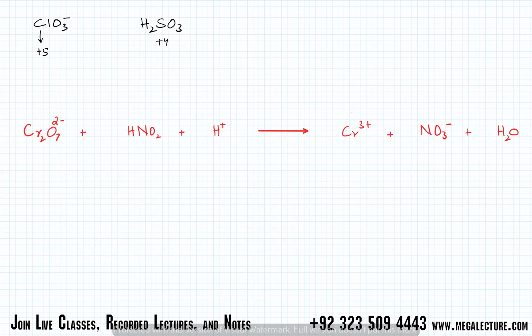Now I need to balance this equation. Remember, a redox reaction is not balanced unless and until the electrons gained and lost are balanced. ठीक है? इसमें quickly find out who's the one that's getting reduced. Who's the one that gained electrons?